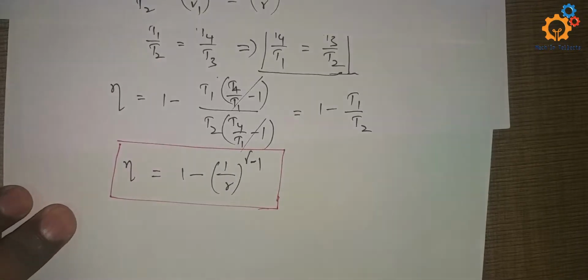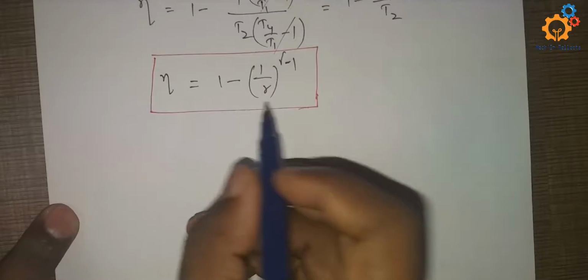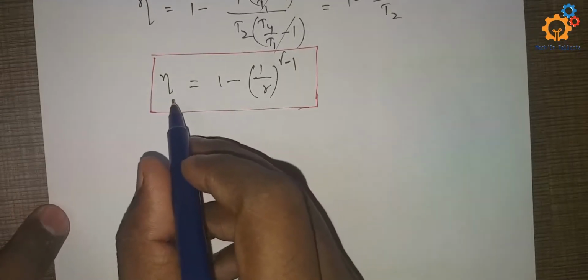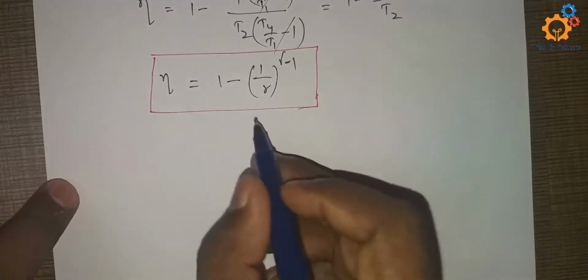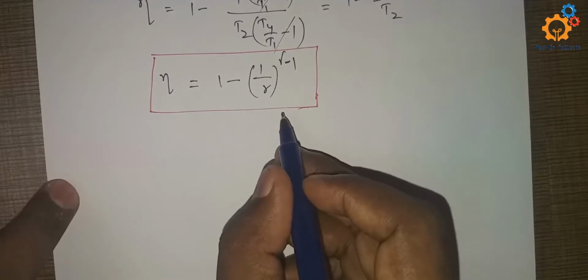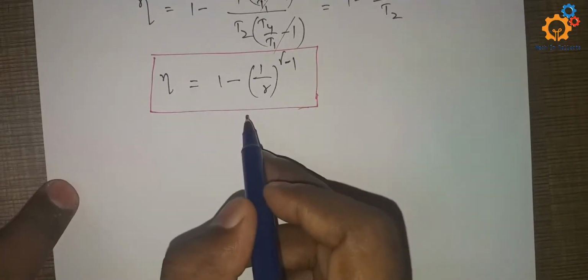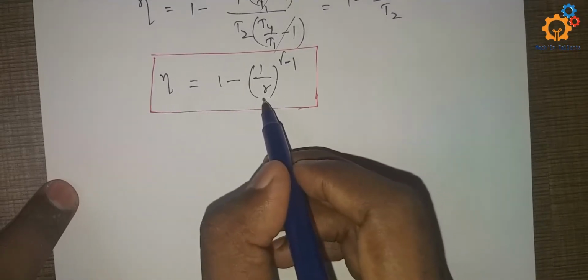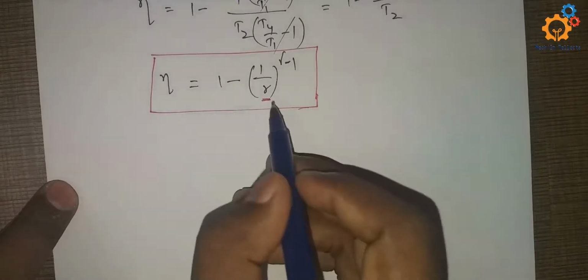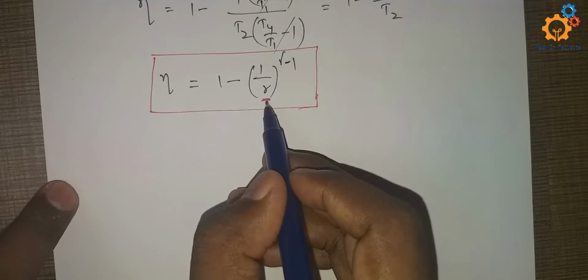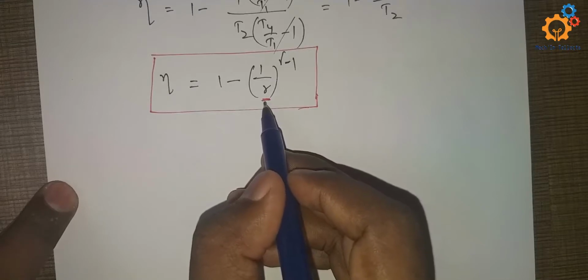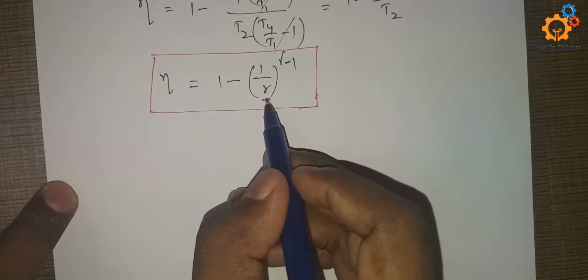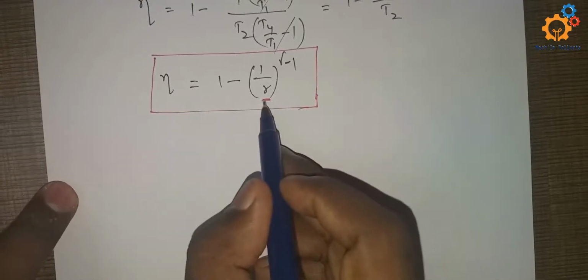for Otto cycle. Now tell me, the efficiency of Otto cycle depends on what parameters? From this expression we can decide that efficiency just depends on the compression ratio of the cycle. What is compression ratio? Volume before the compression to the volume after the compression. Okay, so efficiency is only a function of compression ratio.